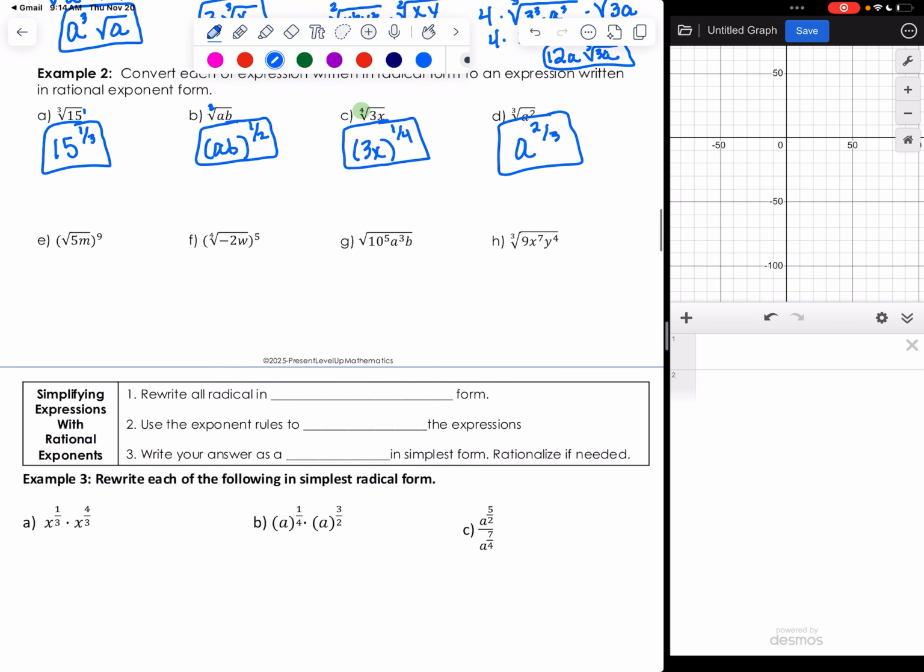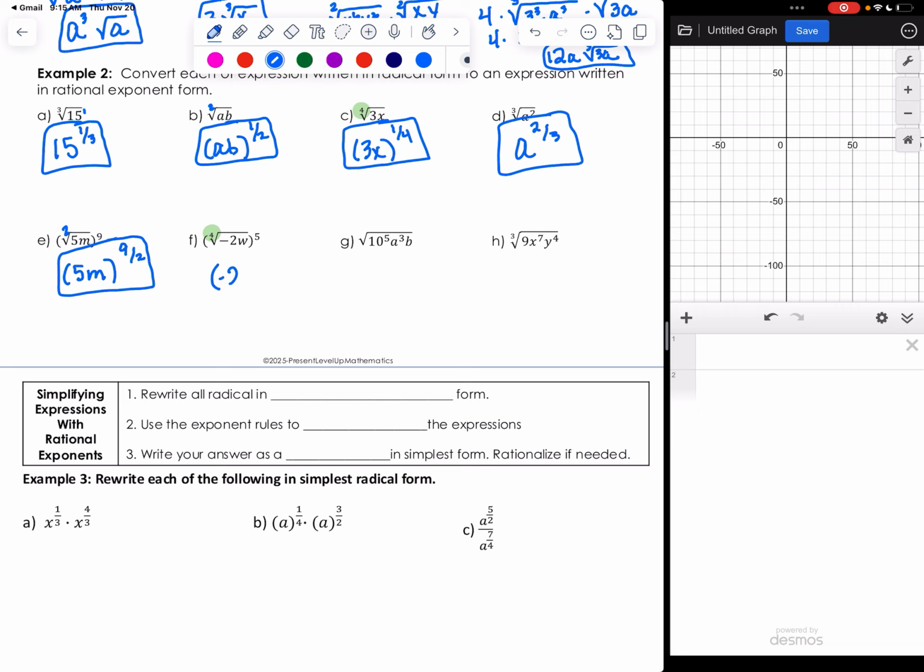All right, next problem we have the square root of 5m to the 9th power. So our index is 2. So to rewrite this, we would take 5m to the 9/2 power. All right, problem F, we have the fourth root of negative 2w to the 5th power. So our index is 4, so that's going to be our denominator.